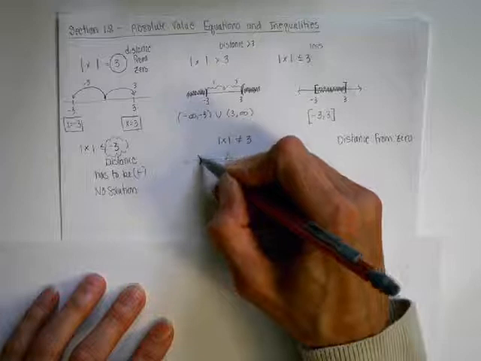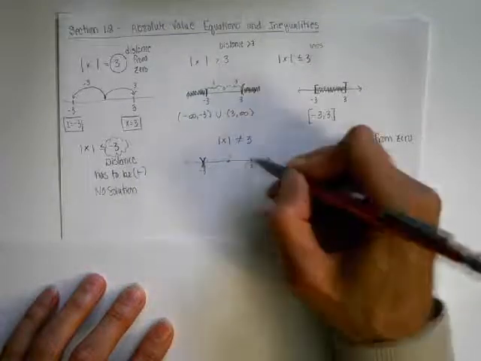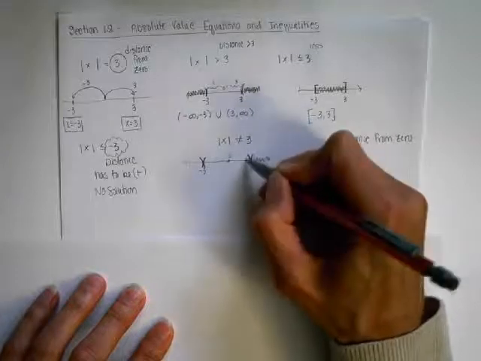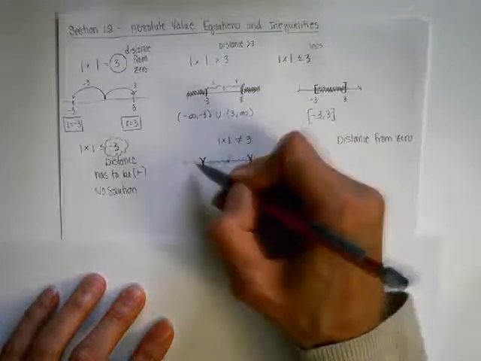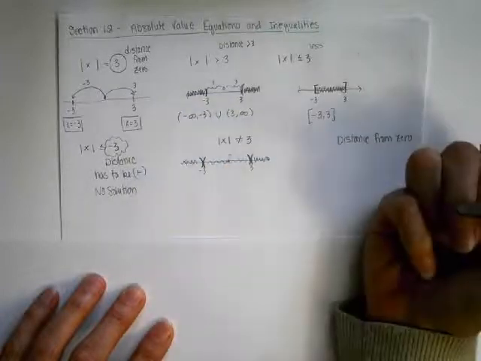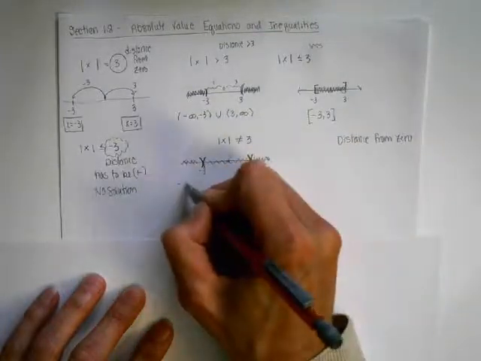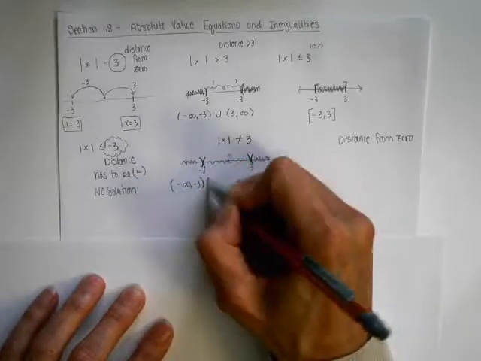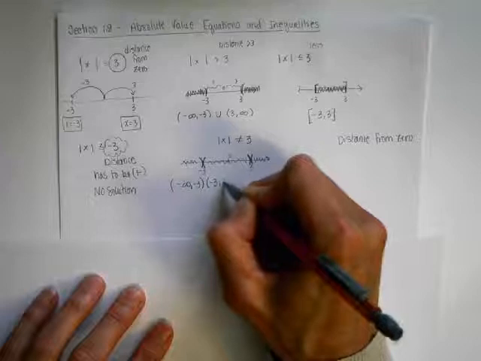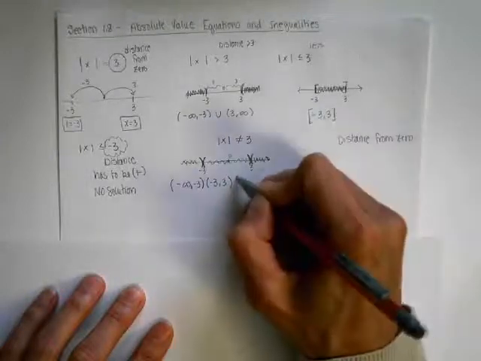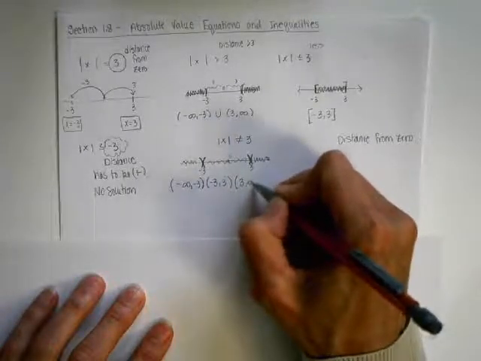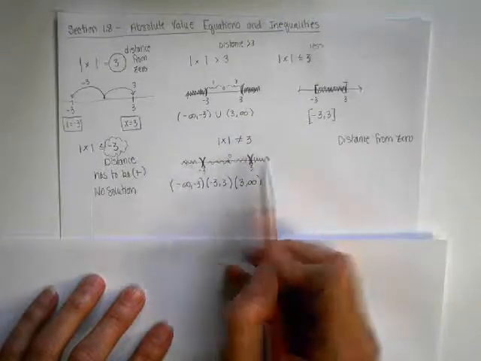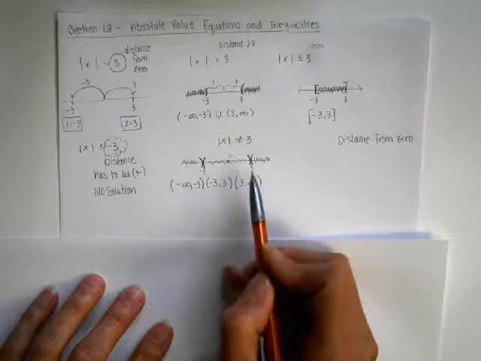So we can't include 3 here, and we can't include 3 here, but we can go everything past 3, everything in between 3 and negative 3, and everything to the left of negative 3. In other words, negative infinity up to negative 3, don't include negative 3. Negative 3 to positive 3, don't include positive 3, and 3 to infinity. This is like saying all of the numbers are possible except for negative 3 and 3.